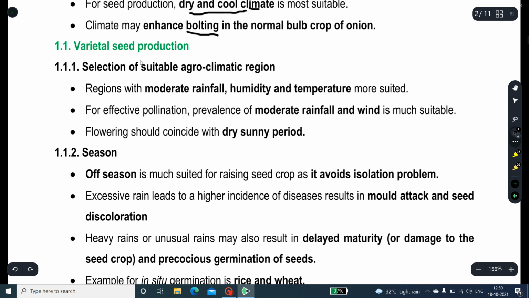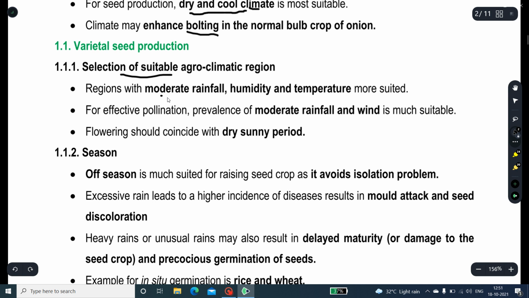Let us enter into varietal seed production. The first important factor is the selection of a suitable agroclimatic region. Already we have seen that climate is the most important factor responsible for quality seed production. A crop variety should be grown in adapted areas in terms of photoperiod and temperature, and a sensitive variety should be grown in specific localities only.